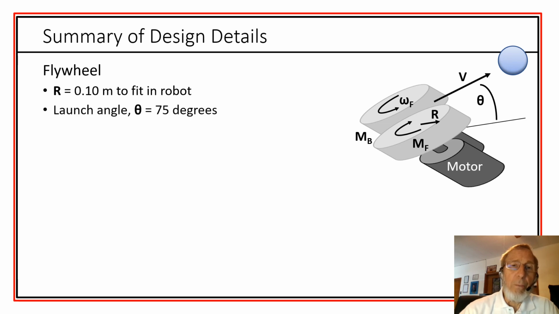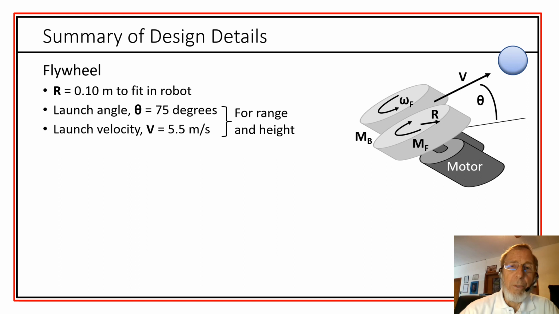We found from our simulations that the launch angle of 75 degrees and velocity of 5.5 meters per second gave us the range and height that we wanted and met some of the other conditions that were important for a good competitive robot in scoring in this particular goal.